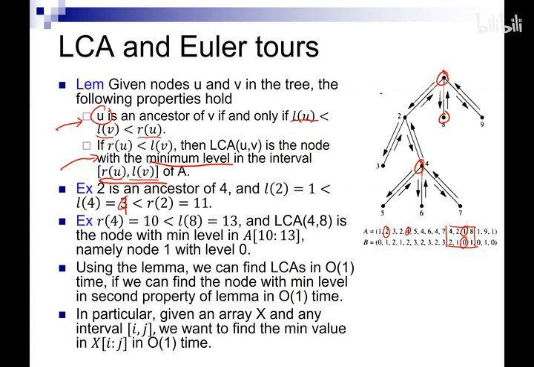Now we're going to take this problem and treat it more abstractly. We're just going to phrase this as a problem where we're given some sort of array X. In our case, the array would be B, but in general you could have an array X and you're given some interval i, j, and you want to find the minimum value of X within this interval in constant time. You're allowed to pre-process X, but after the pre-processing, for any i, j, you have to be able to find the minimum value in constant time.